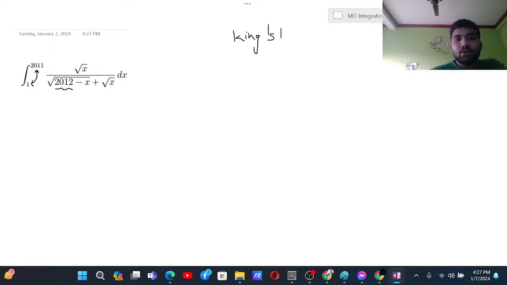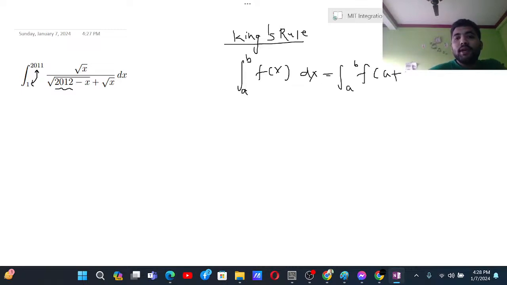King's rule is basically taught in IIT JEE or also at undergraduate level in any other country. If you have the integral from a to b of f of x dx, this integral is also equal to the integral from a to b of f of a plus b minus x dx. If you want to know why this works, you can just take the antiderivative. The antiderivative of small f x is capital F x, going from a to b.